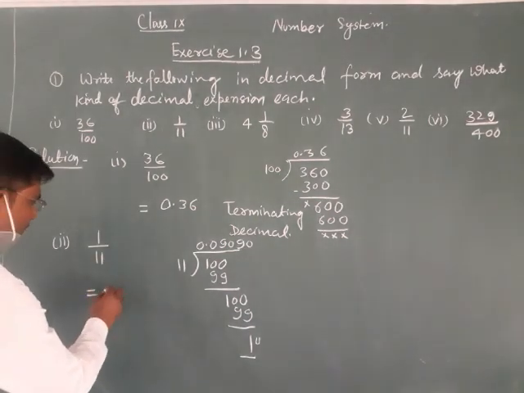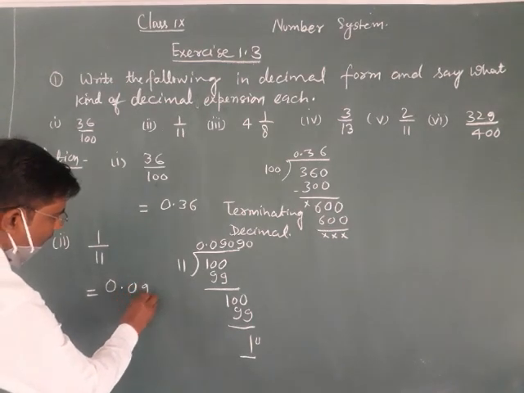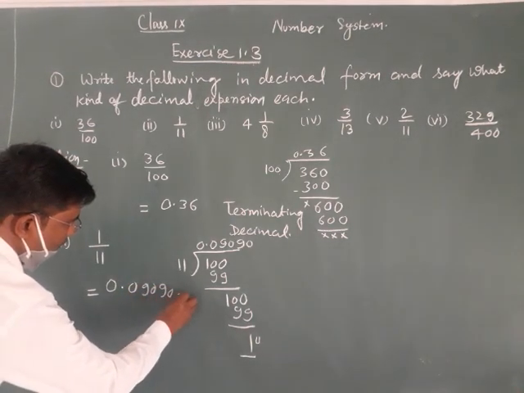So this is not a terminating decimal. 0.0909 and so on.